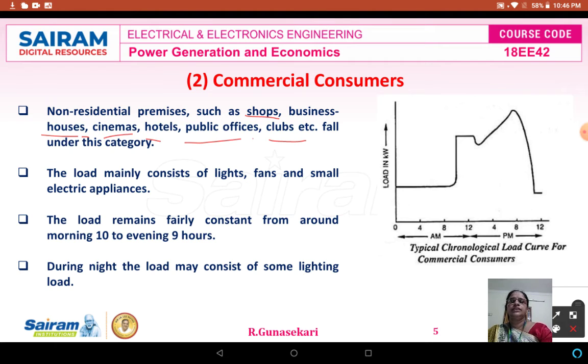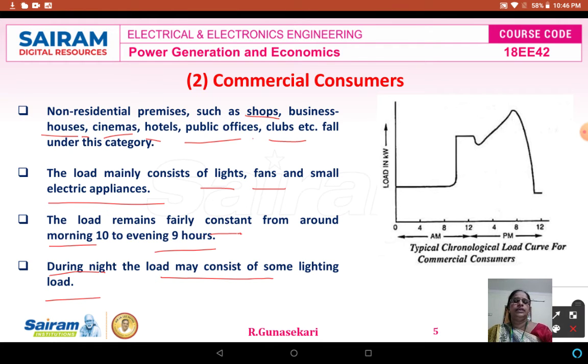This load consists of lights, fans, and small electric appliances. The commercial load remains constant from around morning 10 to evening 9 hours. During night, the load consists of some lighting load only.